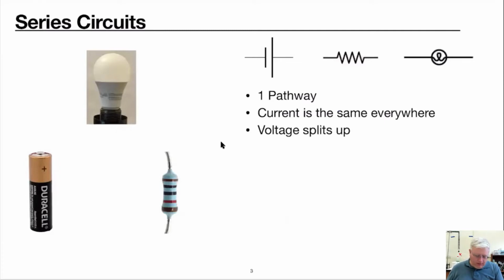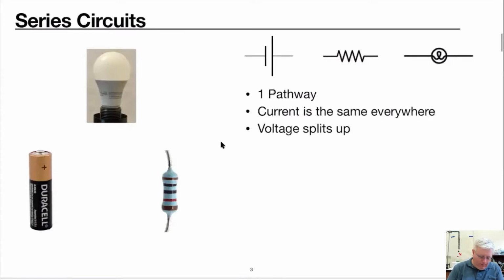So if we wanted to use a battery to power a light bulb, we would connect the light bulb with some wires. We may want to put a resistor in there as well, depending on what we're trying to accomplish.